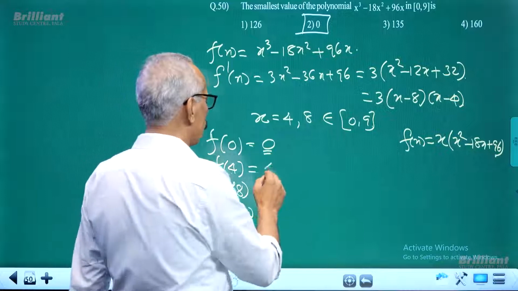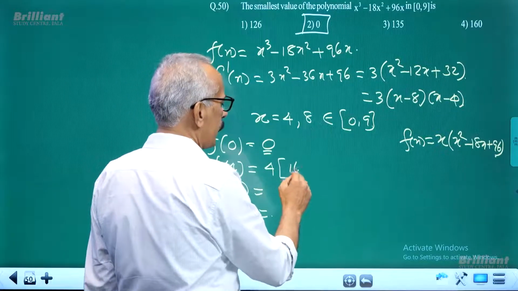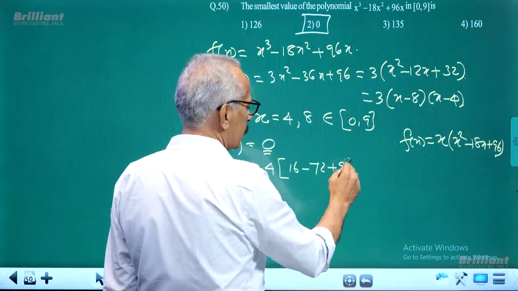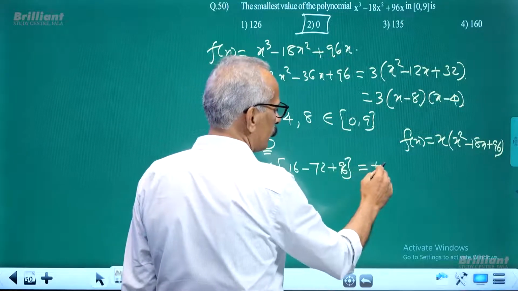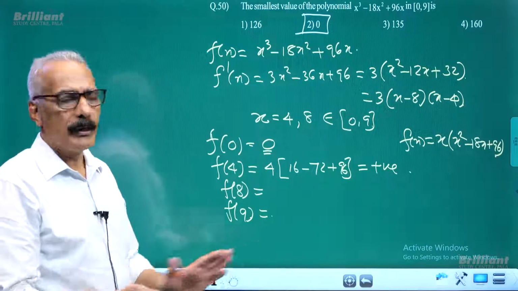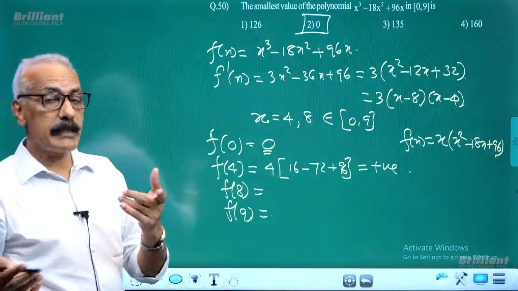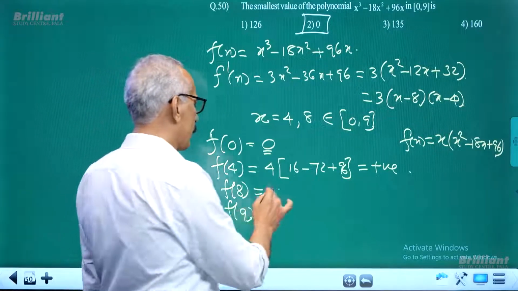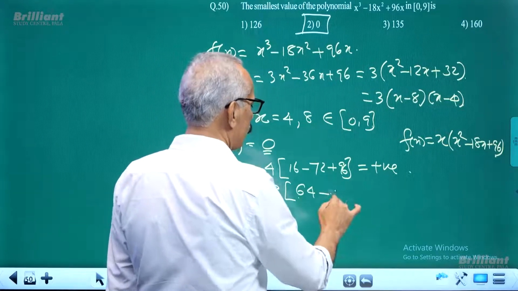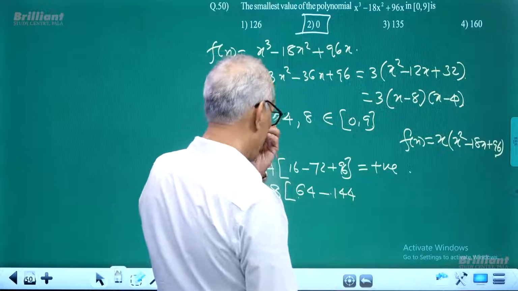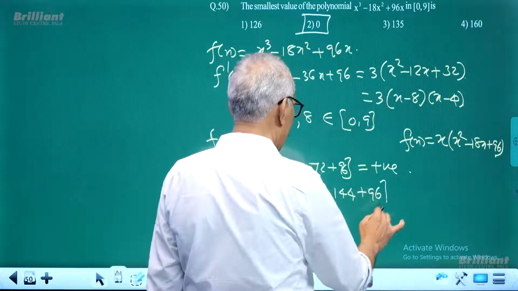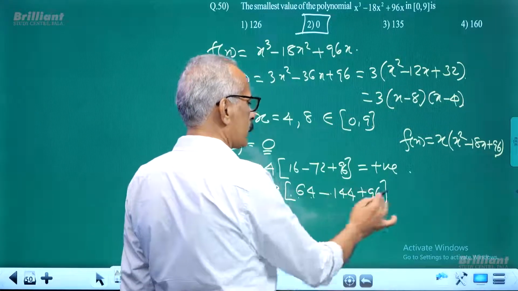F of 4 is 4 into 16 minus 72 plus 96. So 96, that is positive. I didn't calculate f of 4 because I want the smallest; for the greatest I would have to calculate. F of 8 is 8 into 64 minus 144 plus 96. 96 plus 160, this is also positive.